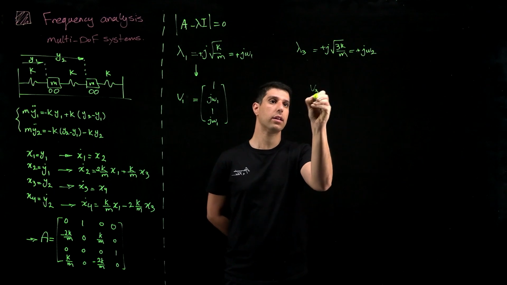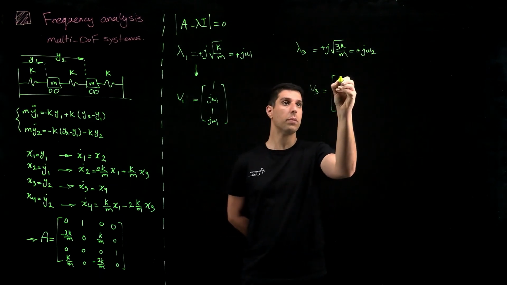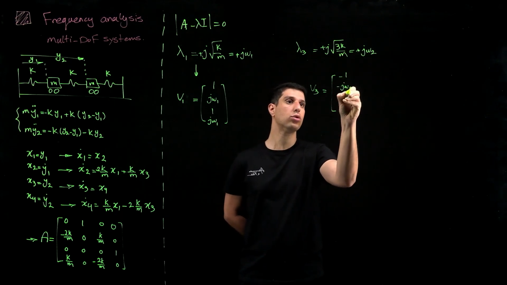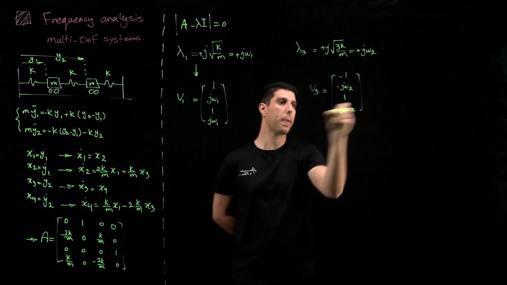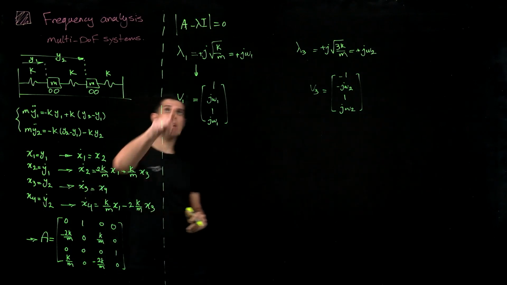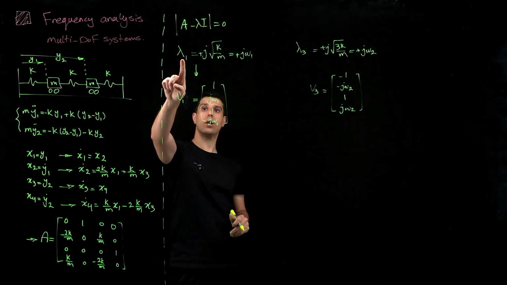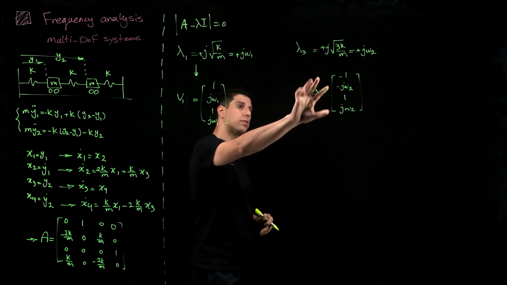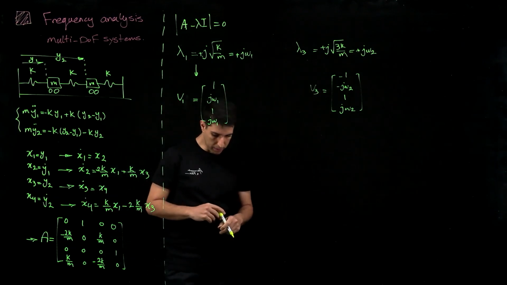And the eigenvector associated with this one is going to be [minus 1, minus j omega 2, 1, j omega 2]. And for the eigenvectors related to the complex conjugate versions, the complex ones flip sign, because they will be complex conjugates as well.